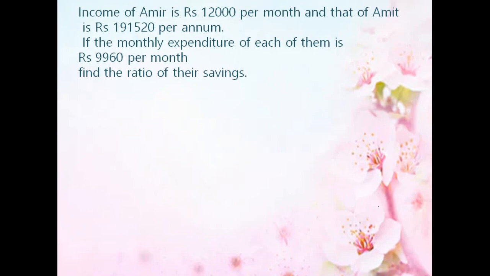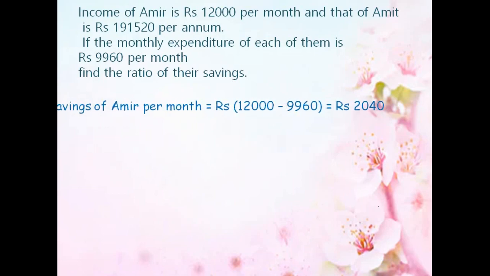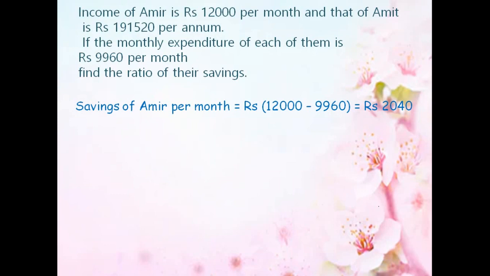And the monthly expenditure of Amir is 9,960. So, you can find the savings by subtracting 9,960 from 12,000. So, the savings of Amir per month is rupees 12,000 minus 9,960.